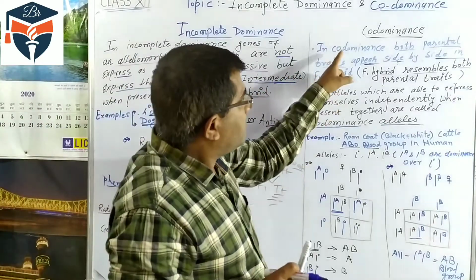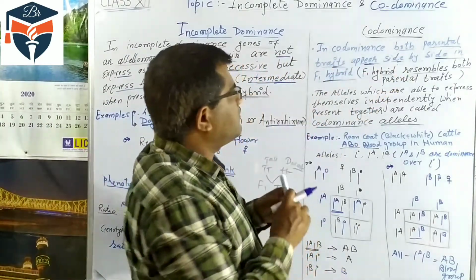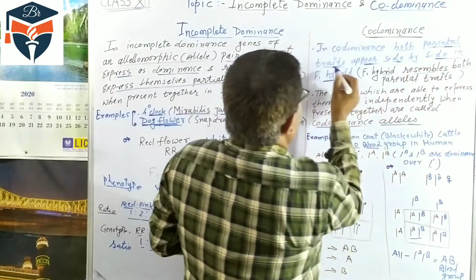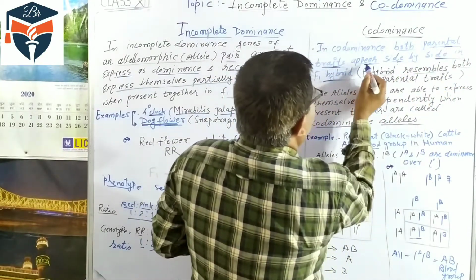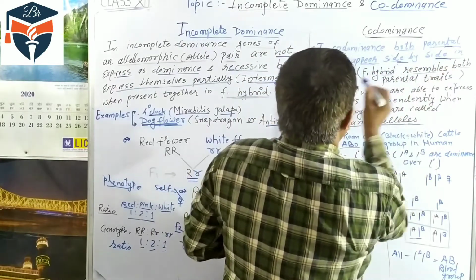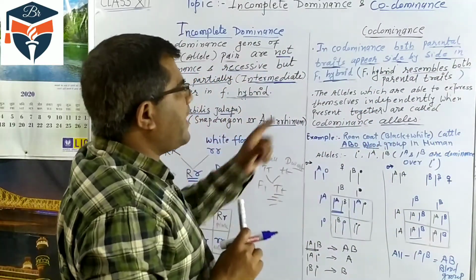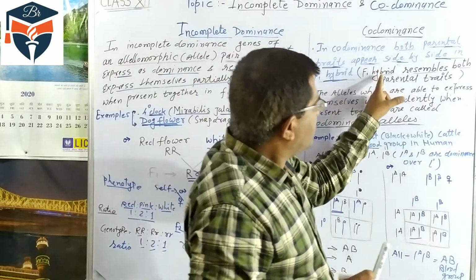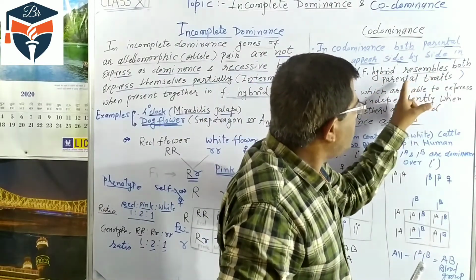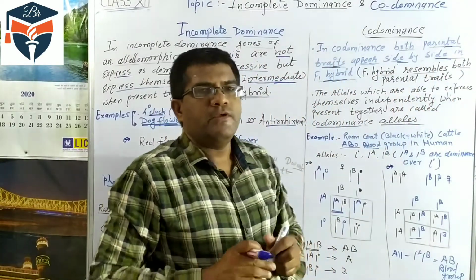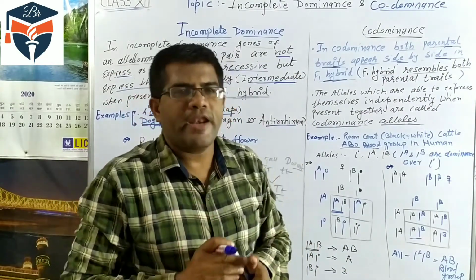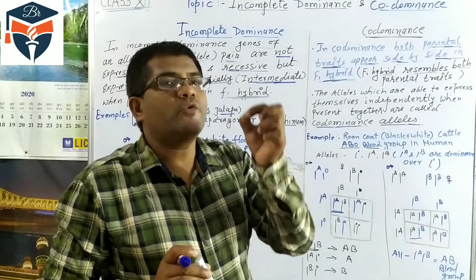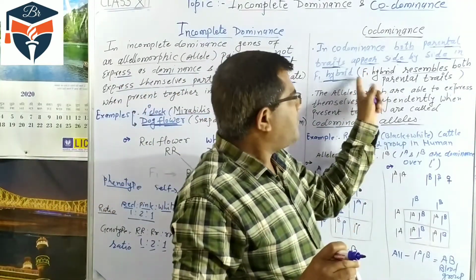In co-dominance, both the parental traits appear side by side. It means the F1 progeny resembles both parental traits, and the traits of both parents are expressed as the dominant trait in the F1 progeny.